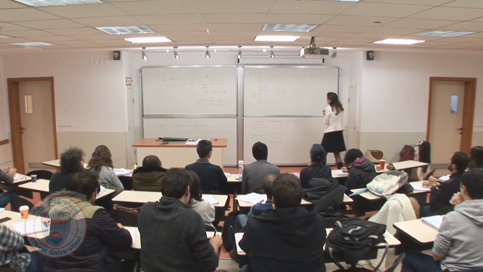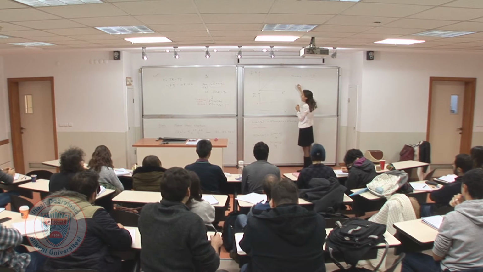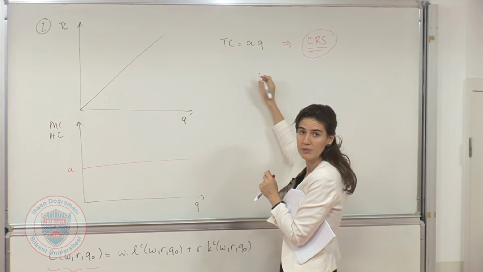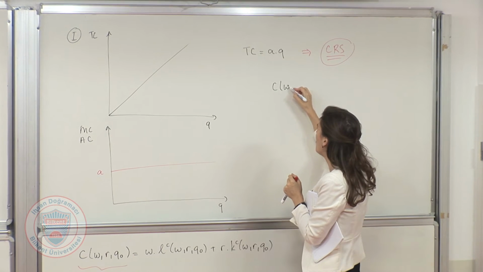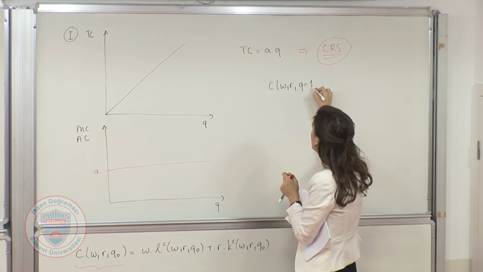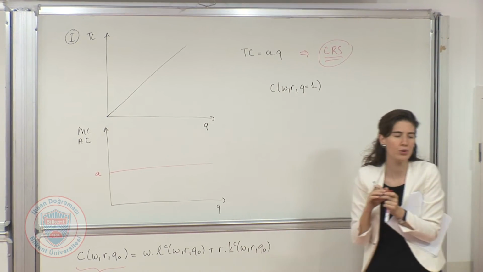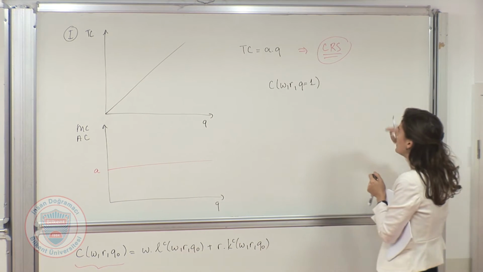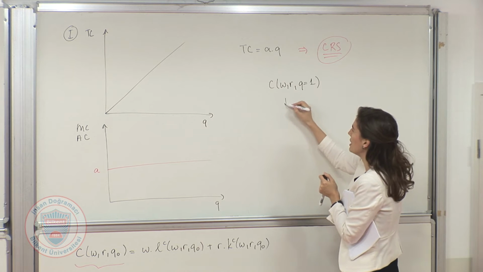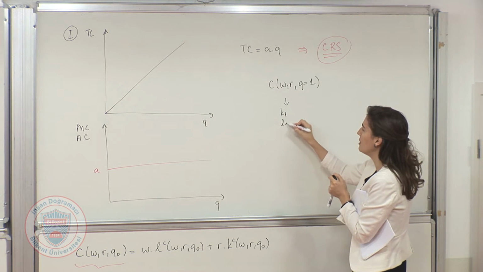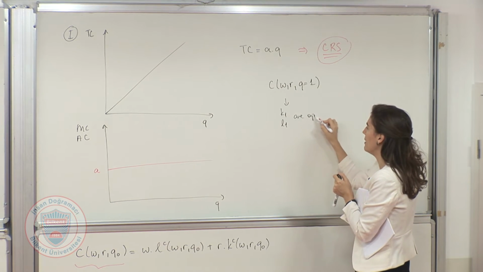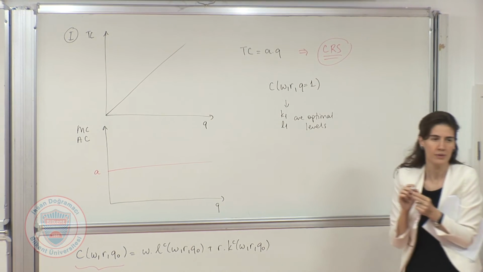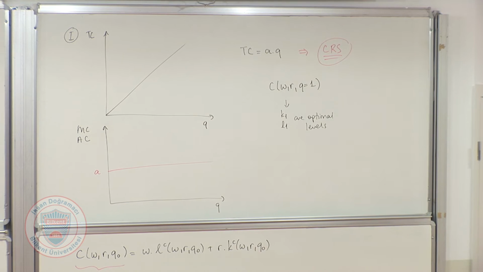So suppose, let's say that I want to produce 1 unit, and wage and R are equal to 1. And in order to produce 1 unit, let's say that K1 and L1 are optimal levels. Okay? Suppose, I just assume.